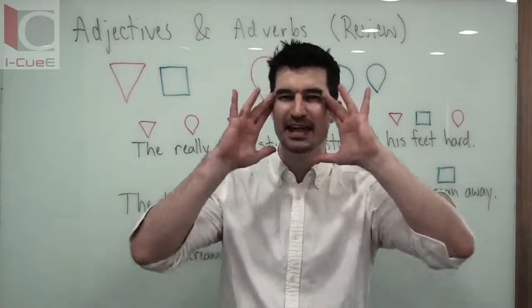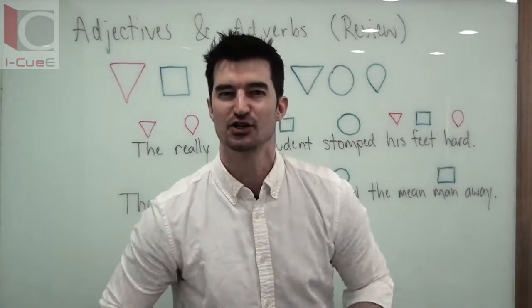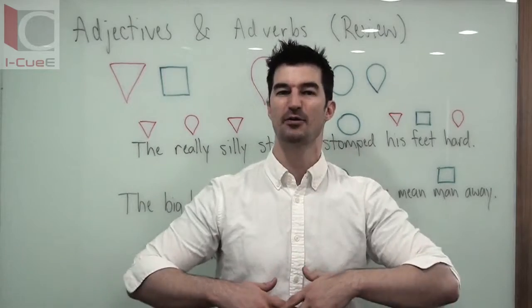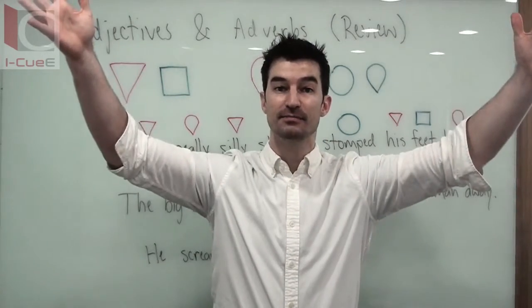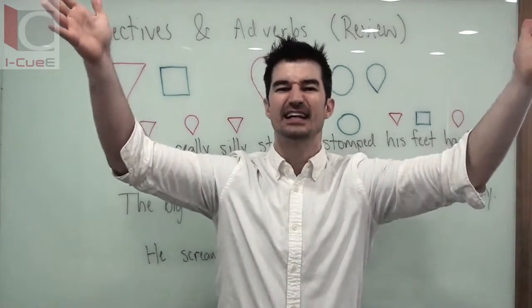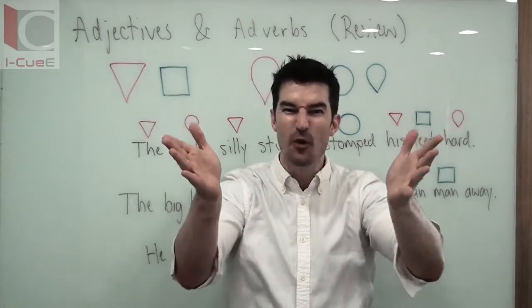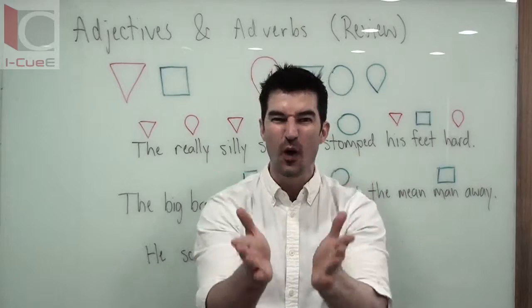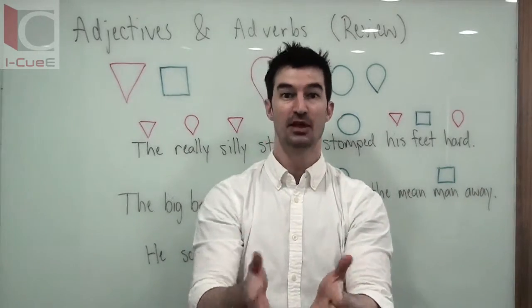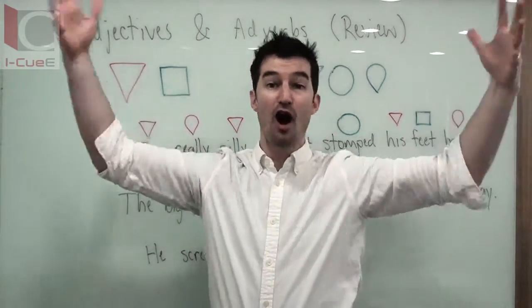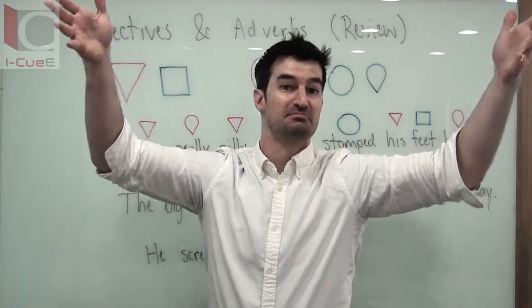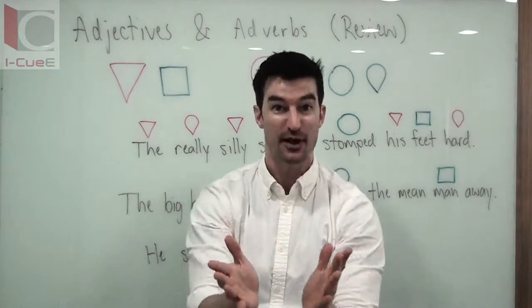You're trying to make a picture clearer, so that instead of just talking about dogs, you want to give a clear picture about tiny little brown and white dogs. So I'm not talking about all dogs, I'm talking about tiny little brown and white dogs.